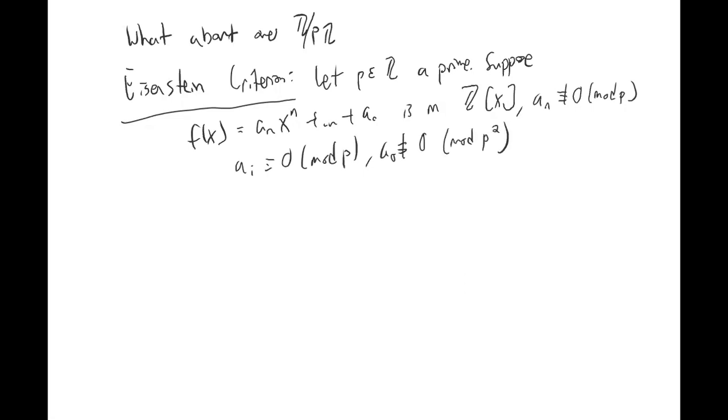If you don't like this assumption, another way to write this is: p does not divide a_n, p divides a_i for all i not equal to n, and p squared does not divide a_0.